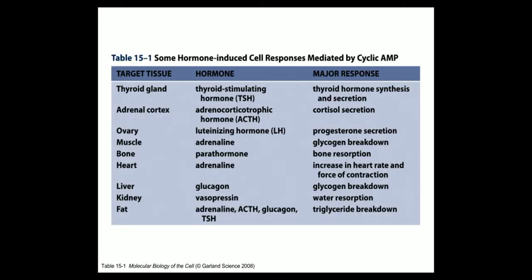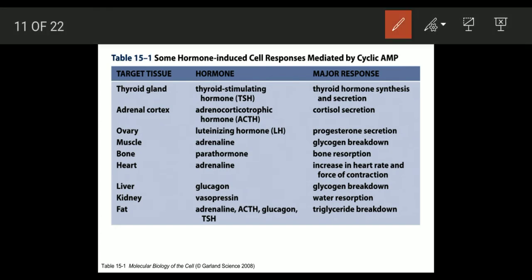For now, let's see what the ligands are, what the signal molecules can be, and what the target tissues are. Here these are the hormones which will act as the signal molecules.